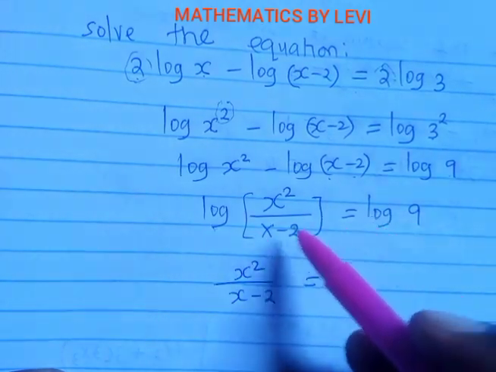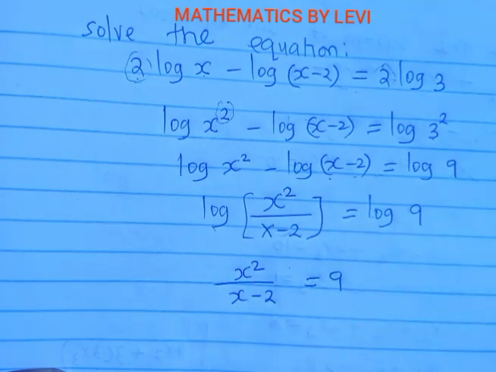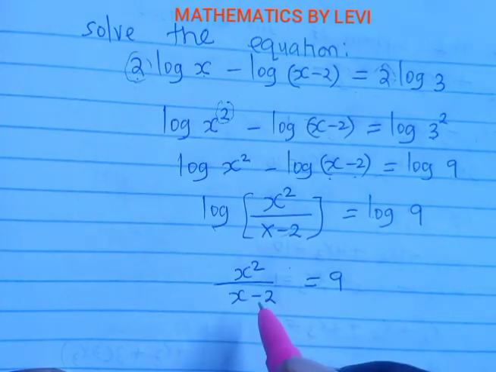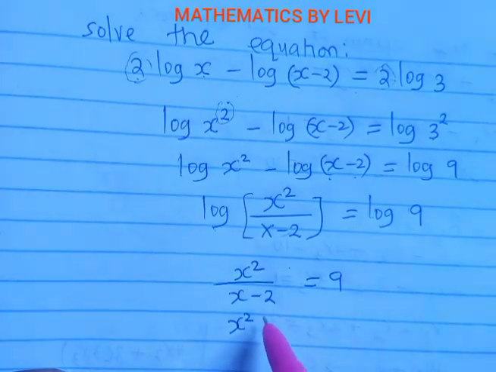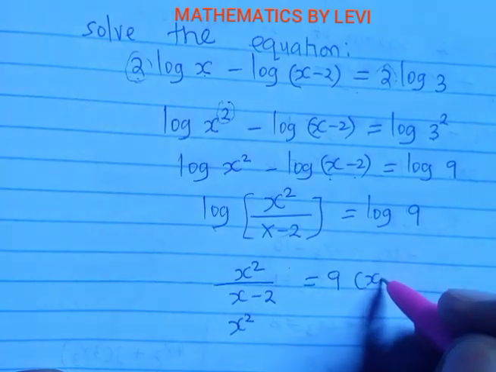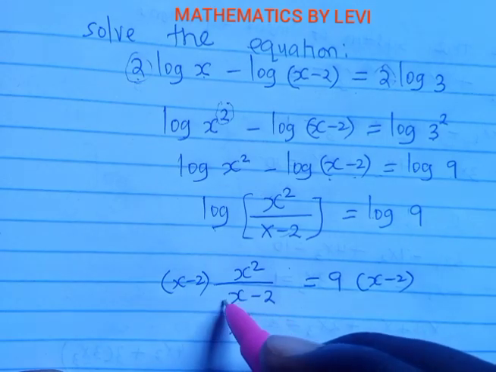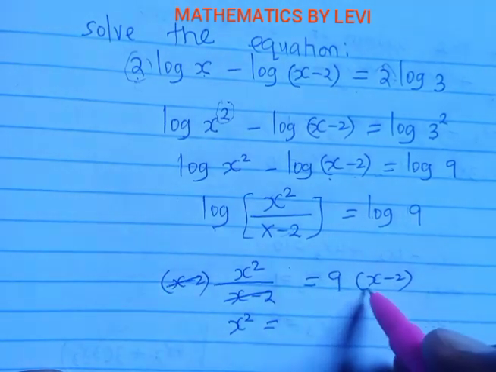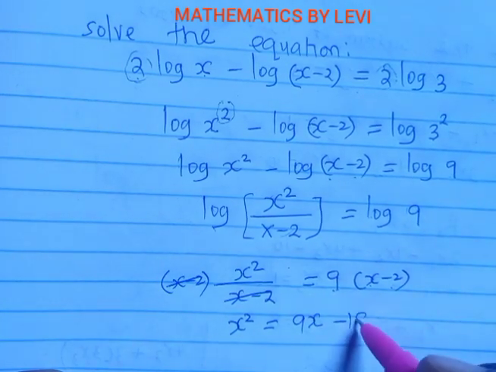Since we have logarithms of the same base, we can equate the unknowns with this number. Now, that means we have x squared divided by x minus 2 equals 9. If I multiply by x minus 2 on both sides, this one and this one simplify, and we shall have x squared equals 9 times x, which is 9x, then 9 times negative 2 is negative 18.